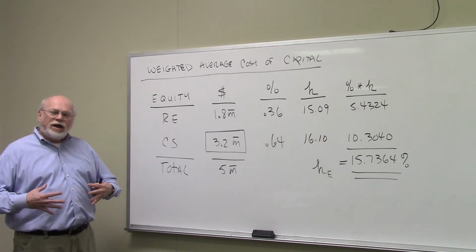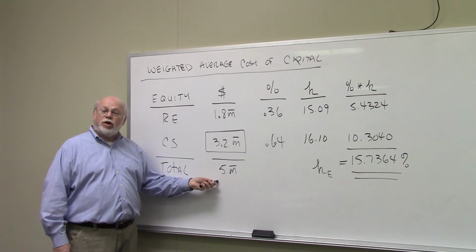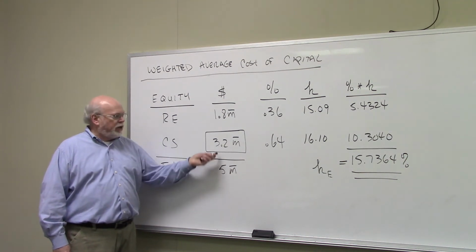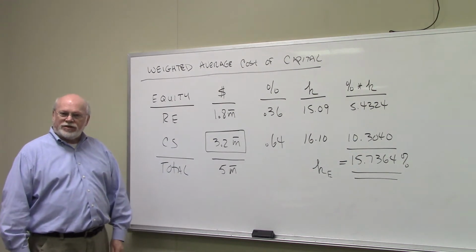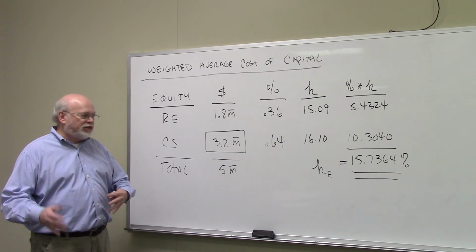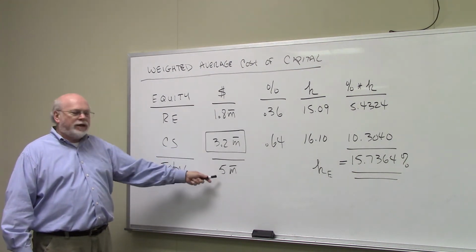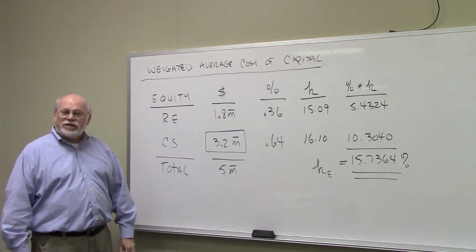Now, for this project, $1.8 million out of the $5 million is going to be retained earnings. $3.2 million out of the $5 million will be common stock financing. What percentage does that make up of our total equity needs? Well, 1.8 million over 5 million gives you 0.36, 36%.